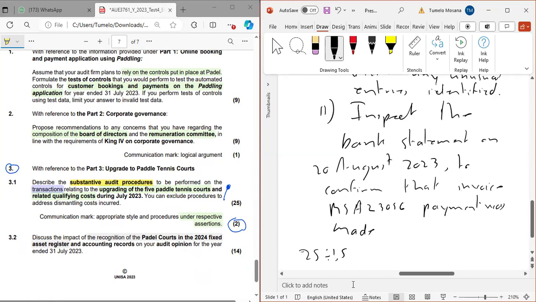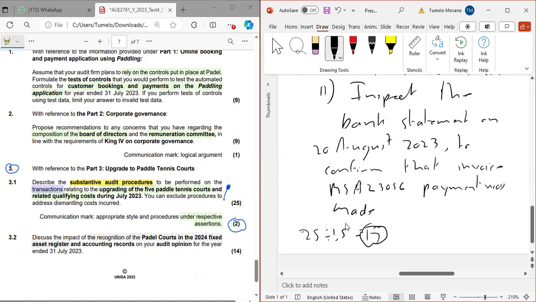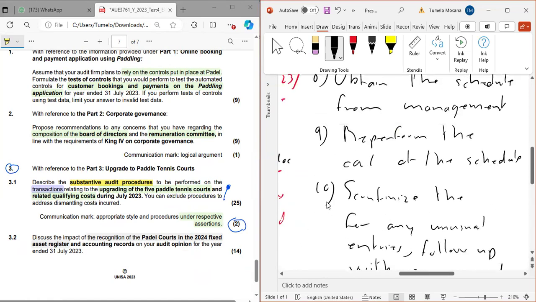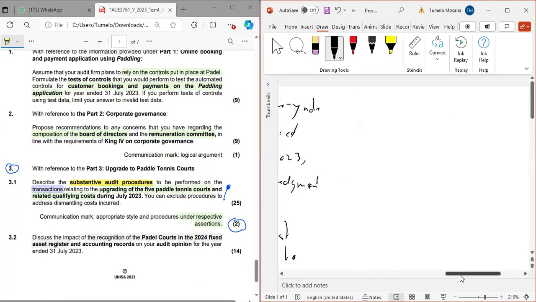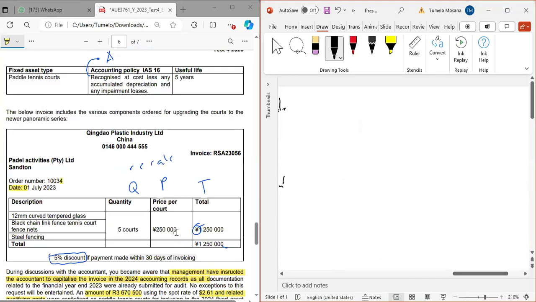You would need 17 points, right? So you would need 17 points. You do not need to write 25 points. And we are already on 11 just by applying easy ones. We haven't yet thought of the difficult ones as yet.